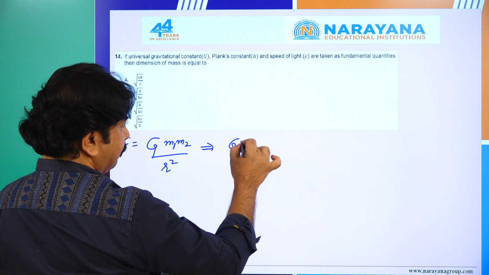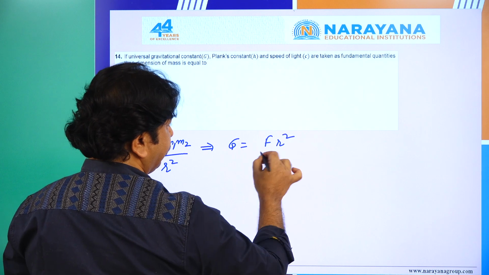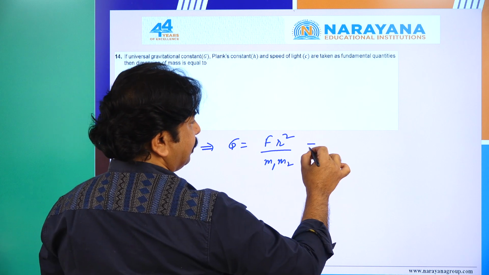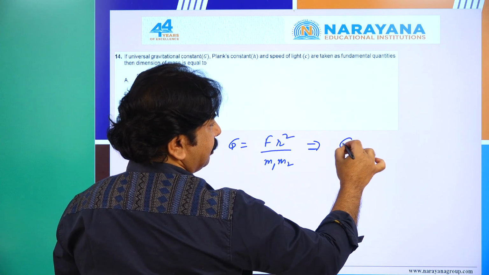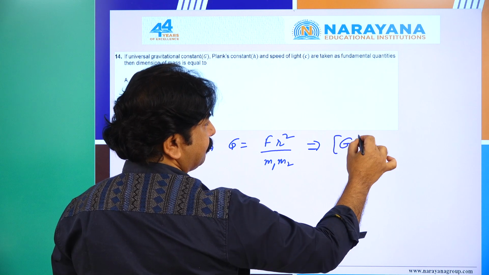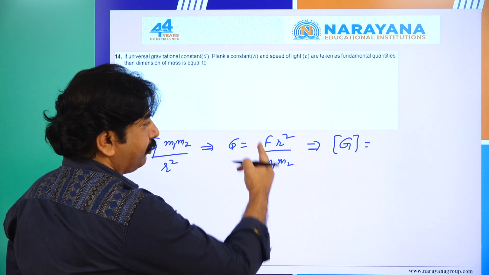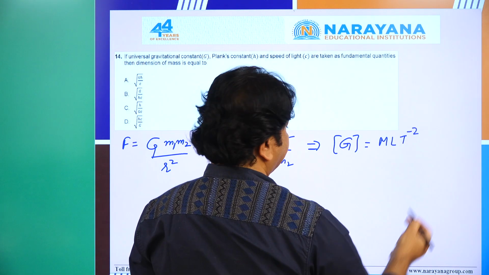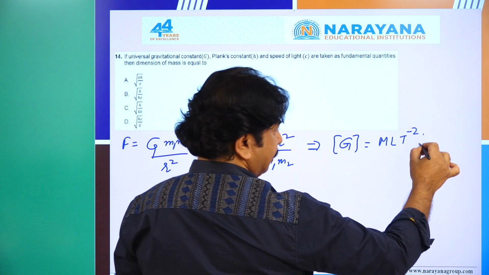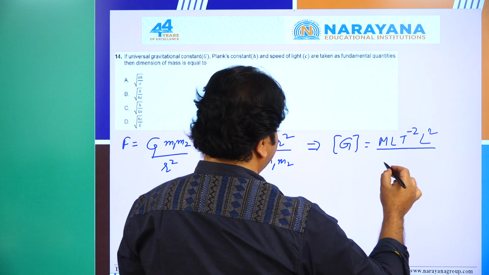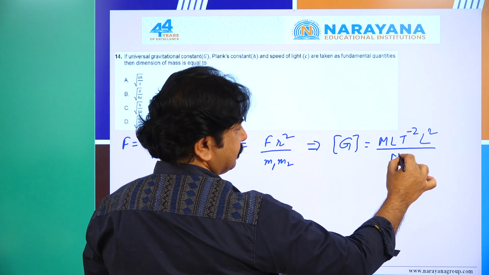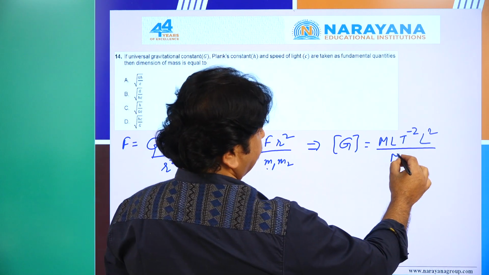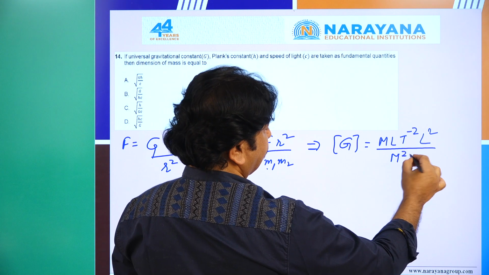So from this one, G is equal to F into r square by m1 m2. From this we can write that the dimension formula of G is equal to force, M L T power minus 2, into r square, L square, by masses, here m1 and m2 are masses, square.